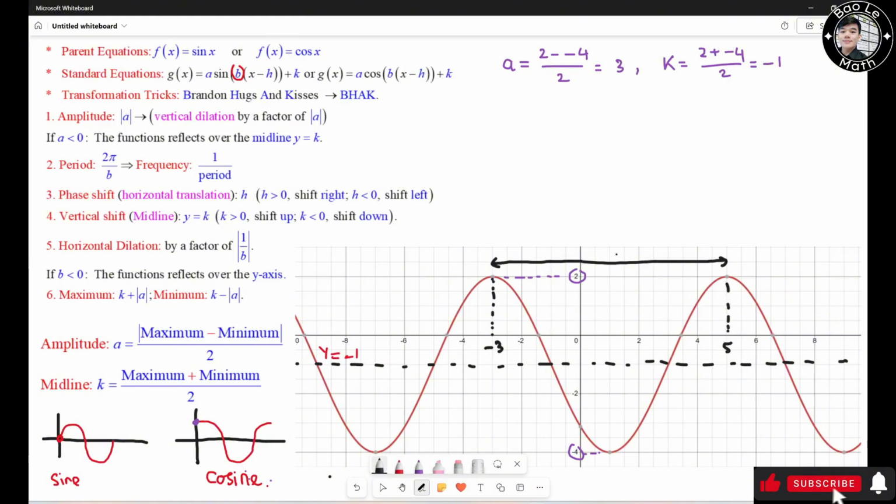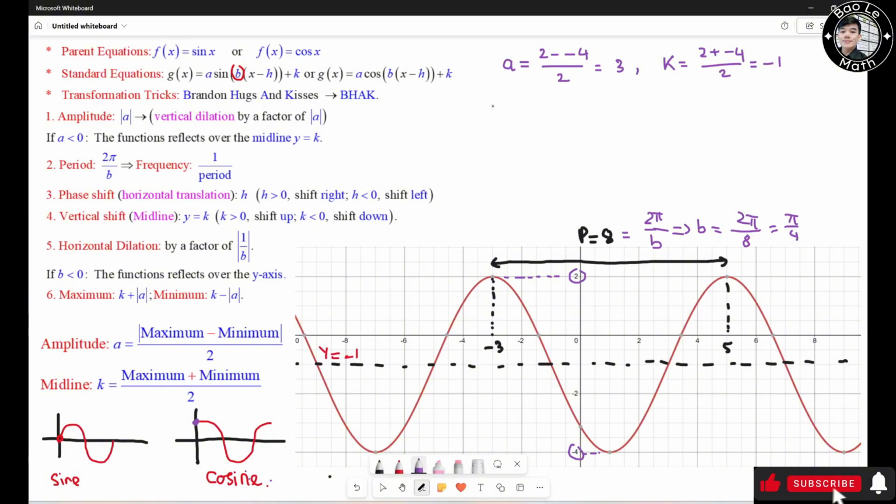Alright, so the period is going to be 5 subtract -3, which is 8, right? Period equals 8. So B equals 2 pi divided by 8. So it's going to be pi over 4, right? So B equals pi over 4.